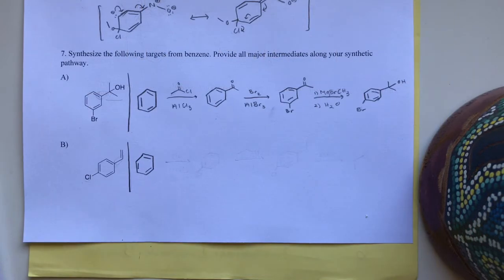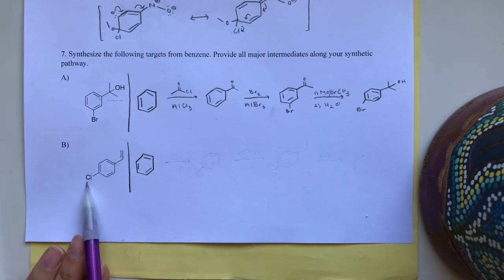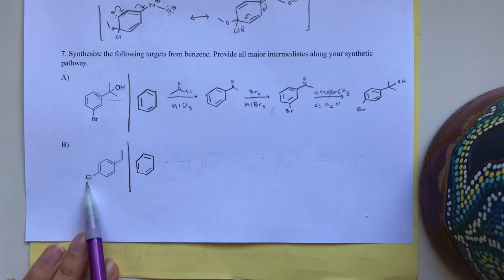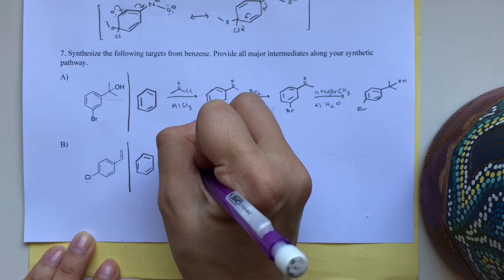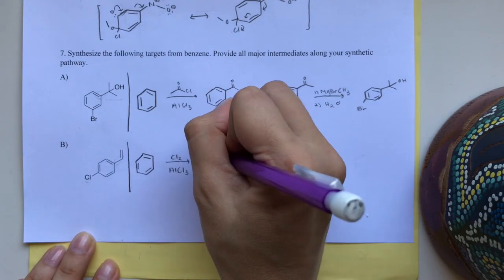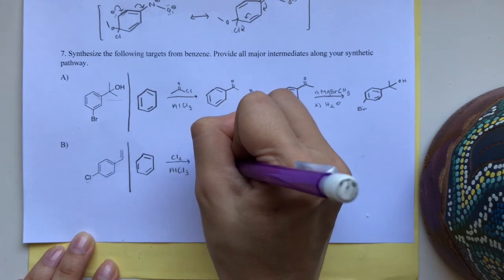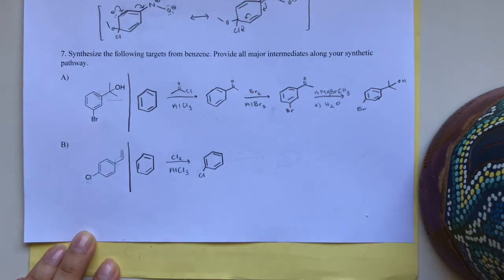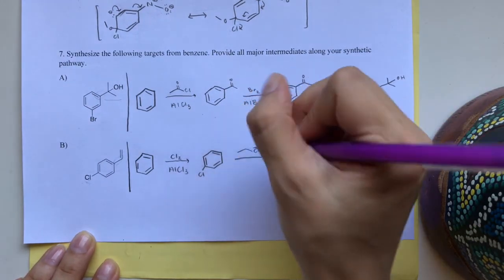In part B, notice that these two substituents are para from each other, and Cl is a weak deactivator, which is ortho-para-directing. So we'll start off with chlorination. Then Friedel-Crafts alkylation.